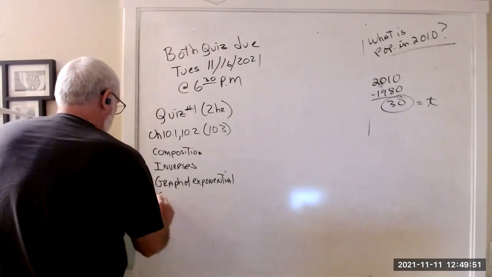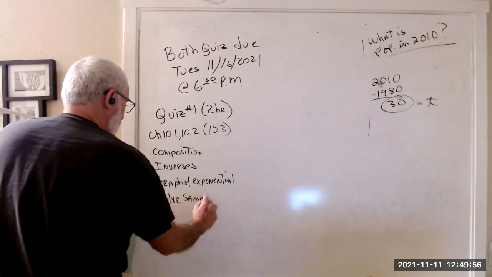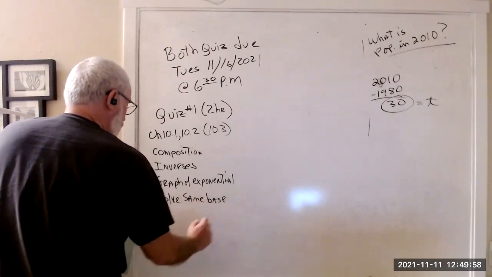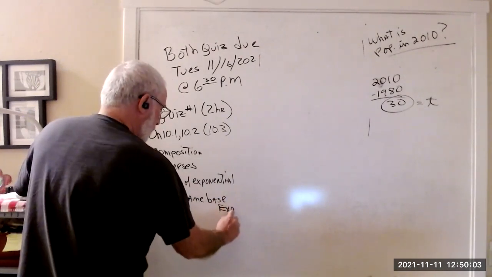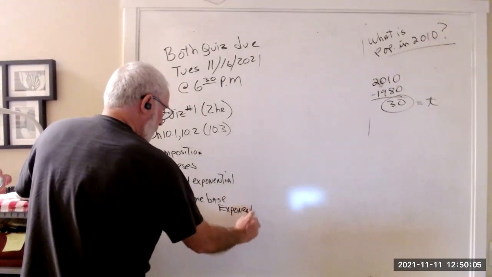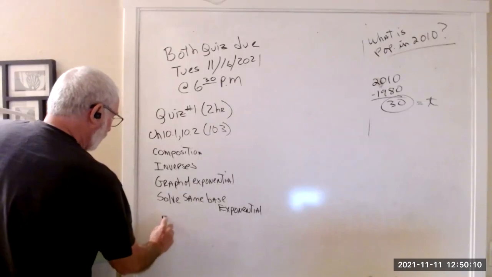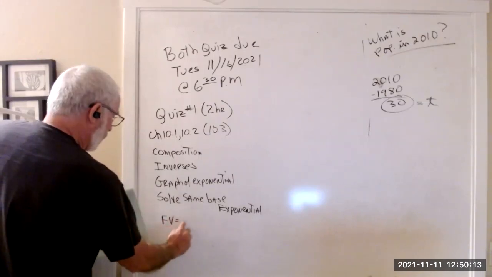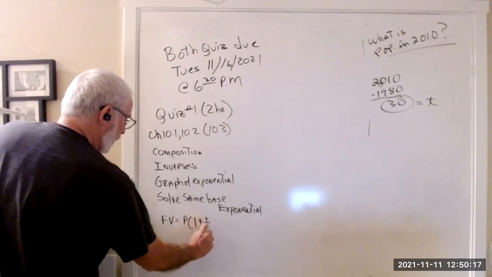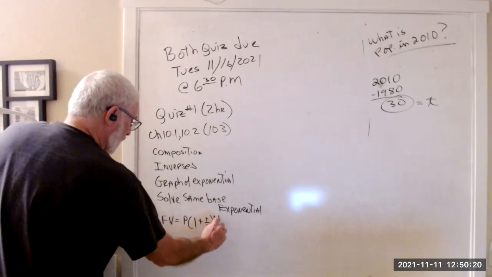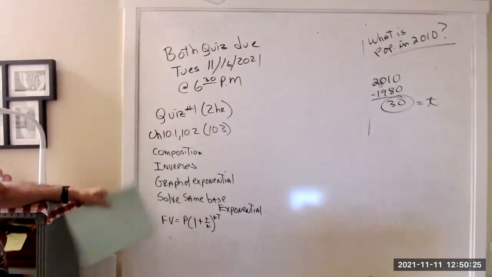You want to solve same base exponential. And use that formula, future value equals P times 1 plus R over N raised to the NT. Okay, there's going to be a word problem that asks you to use that.